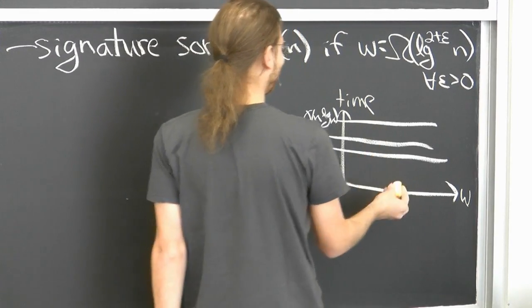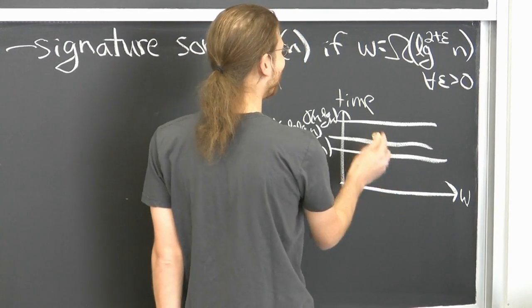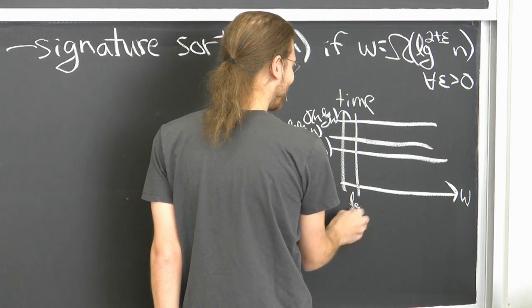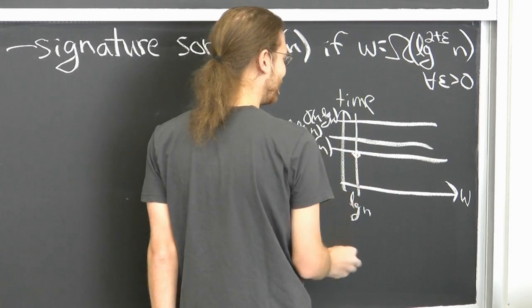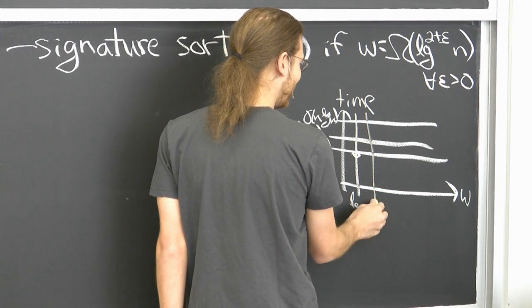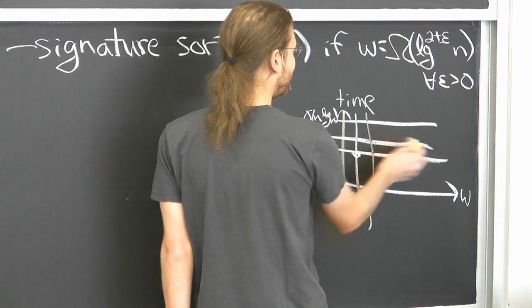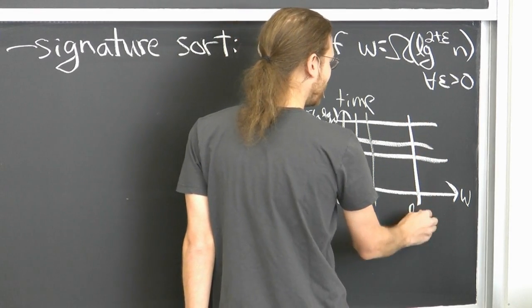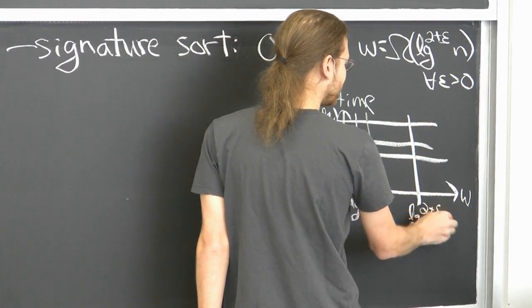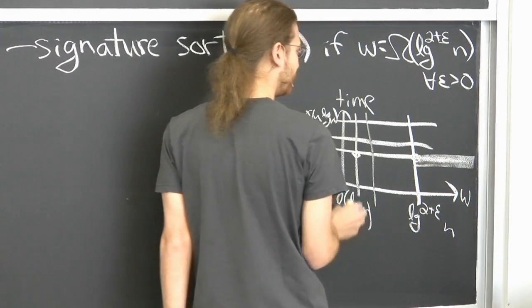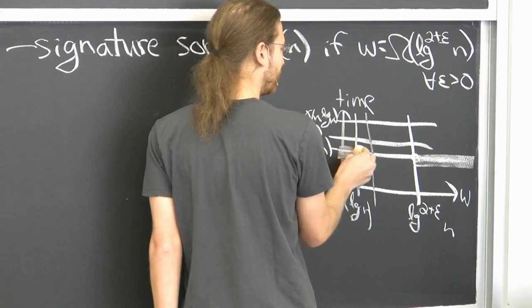This is a really weird picture; I've never drawn this before. So initially radix sort: for log n, we could get linear time. What this is saying is once you get out to log to the 2 plus epsilon n, you can also do linear. From here over, we have linear time, and here over, we have linear time.